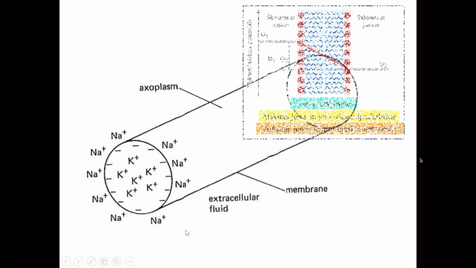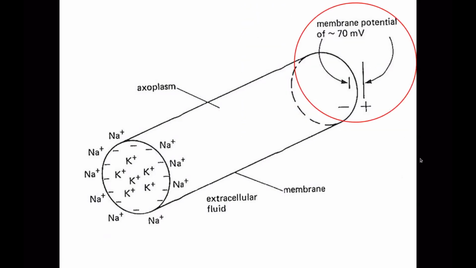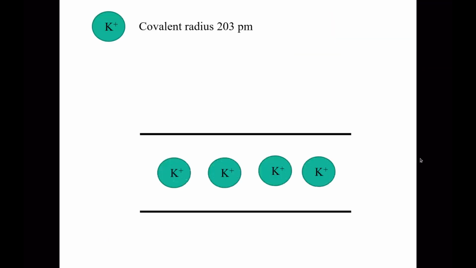So now, if you measure the electrical potential difference at the membrane, we find a difference of approximately 70 millivolts. It's a measurable value, and we know this more or less exactly. So now we have potassium inside, with the covalent radius 203 pm, picometers.